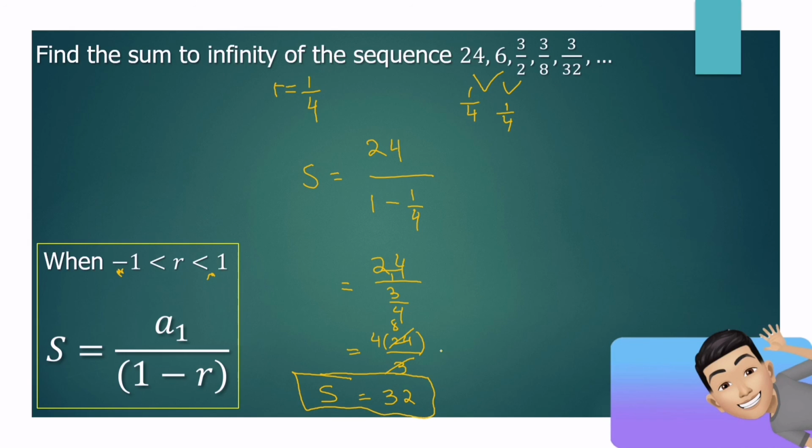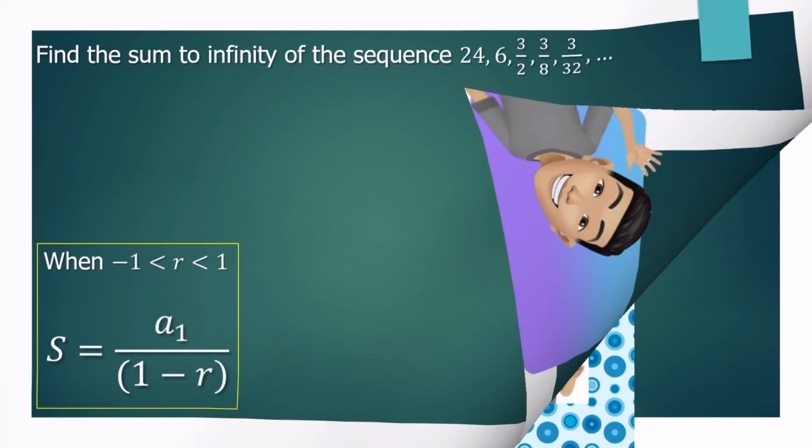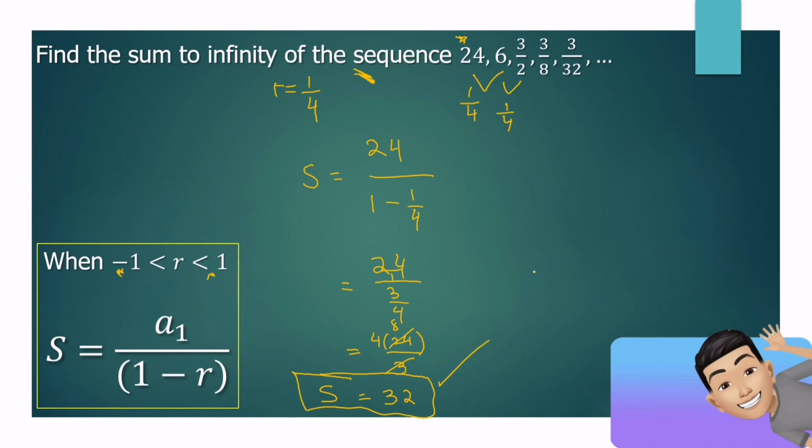So, ang sum ng lahat ng terms from 24 up to infinity in this given sequence, infinite geometric sequence, ay 32. Okay. Next. That's it. No? Hindi na tayo magbibigay ng example nung isa kasi obvious naman na kung siya ay greater than or equals to 1 or less than or equals to negative 1, edi it does not exist yung sum to infinity.